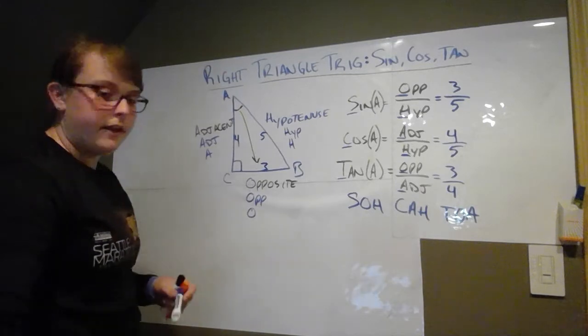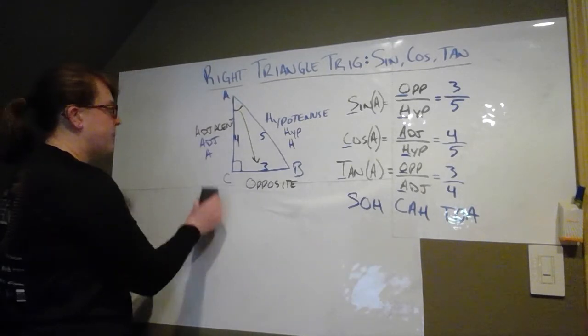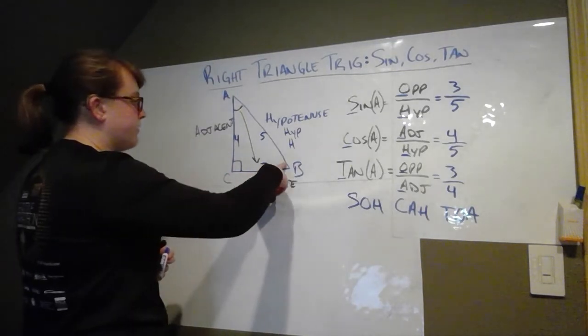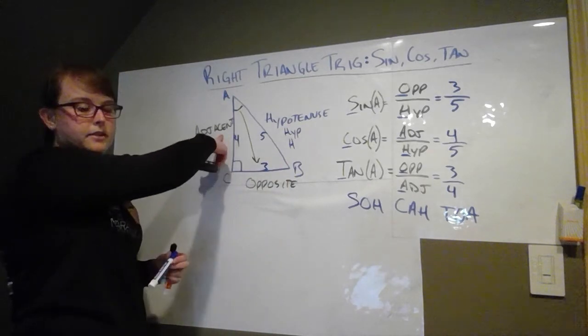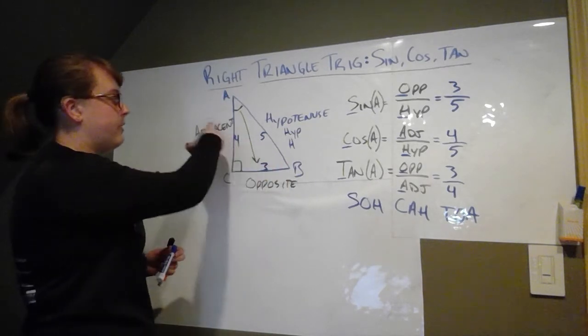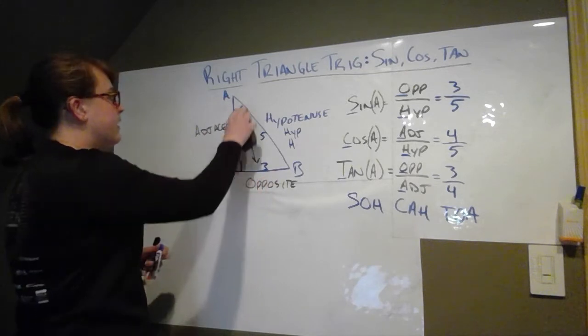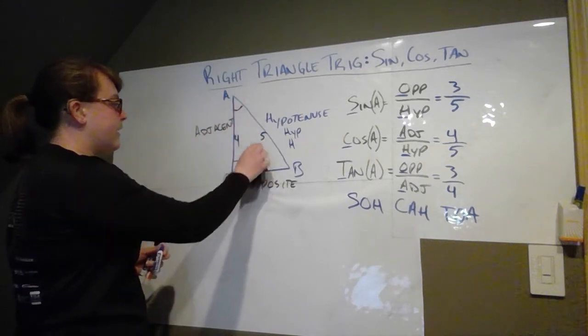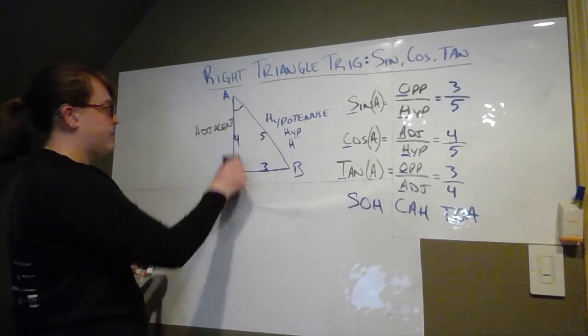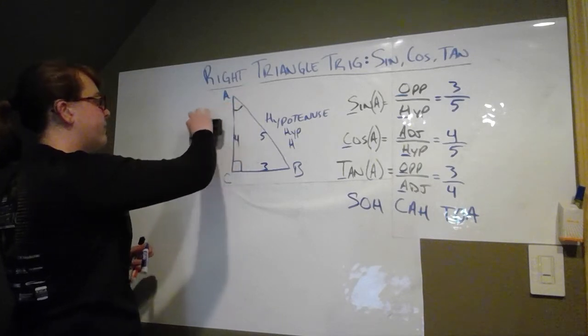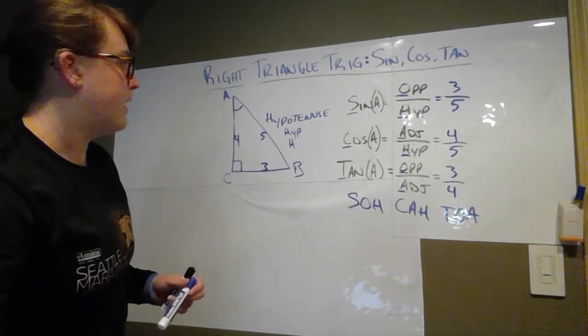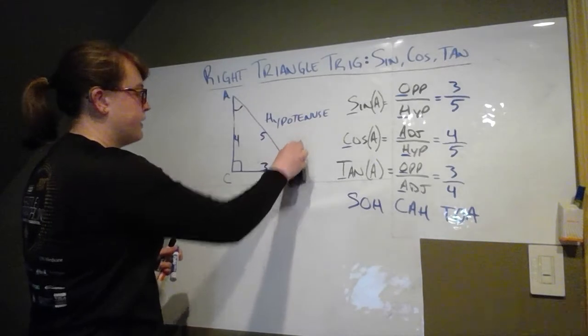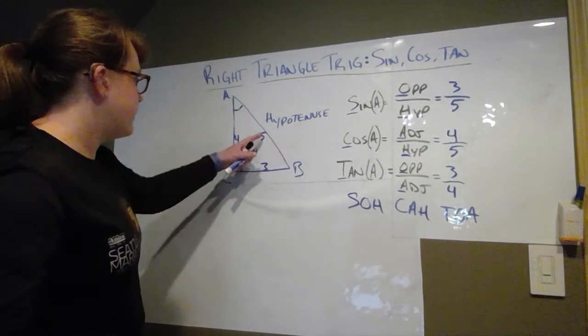So for angle B, the problem is if I look at things from angle B's perspective, this side is not the adjacent of angle B. It's the opposite of angle B because it's across from it. So if I'm going to look at angle B instead, then my opposite and my adjacent are actually going to switch. The hypotenuse will always stay the same because it's always across from the right angle.